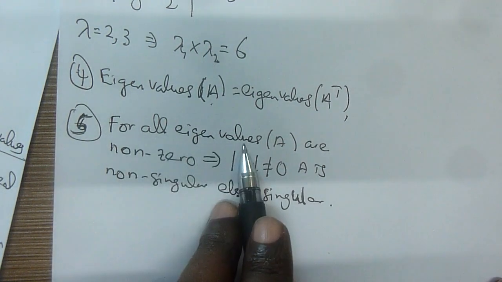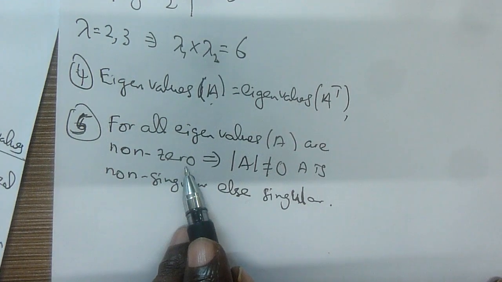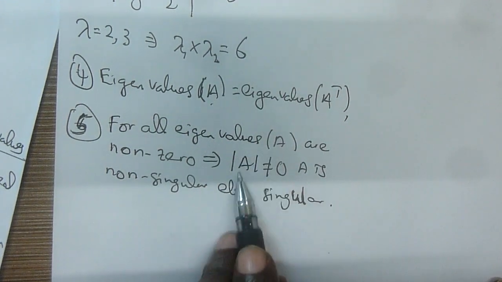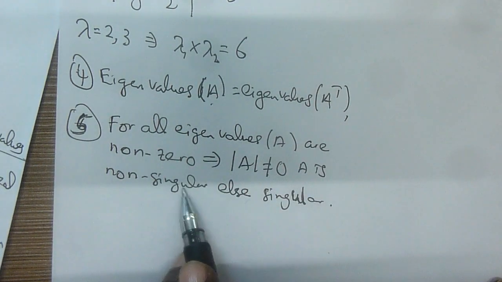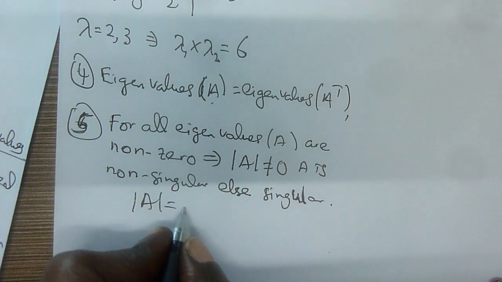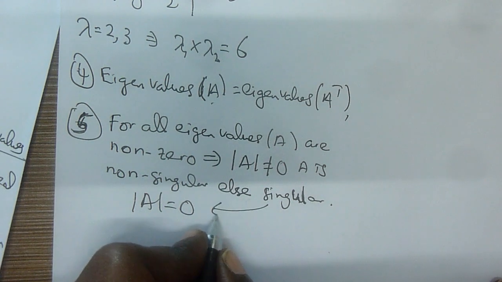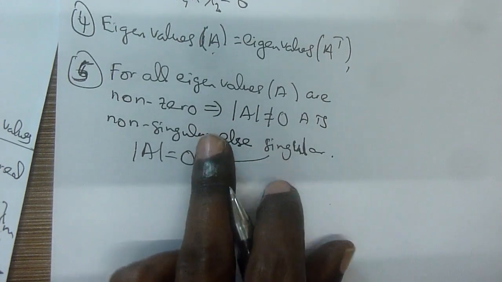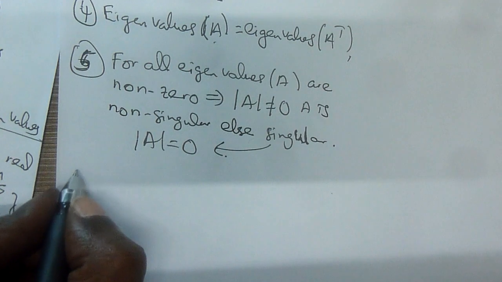For all eigenvalues of A non-zero, if it is non-zero, the determinant will not be 0, so A is non-singular, else it is singular. That means this is singular. Remember, okay? I'll get back to this one later.